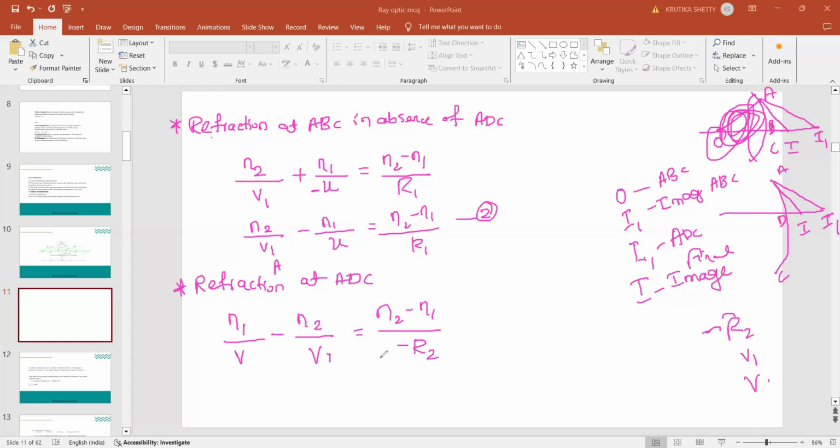According to the sign convention, the minus will come here. I hope you remember the sign convention, so accordingly we are doing that.